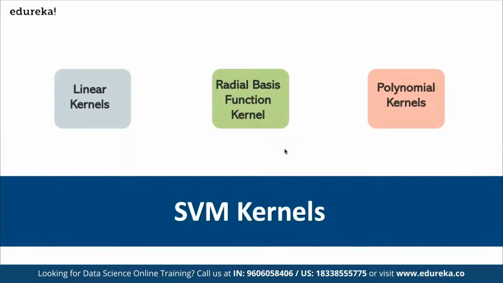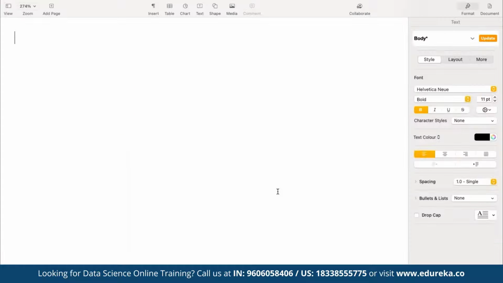First of all, let's talk about the linear kernel. A linear kernel can be used as a normal dot product between any two given observations. The product between the two vectors is the sum of multiplication of each pair of input values.